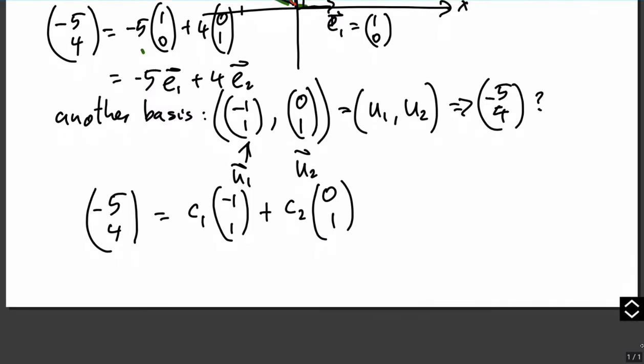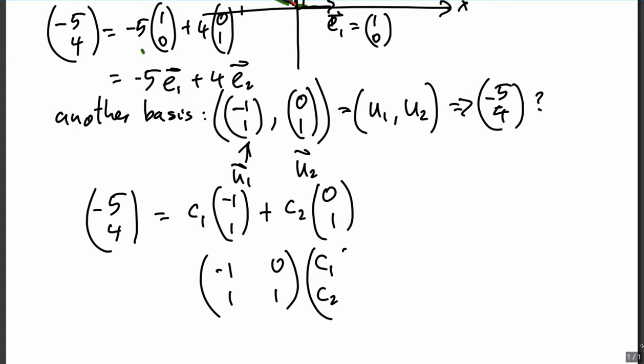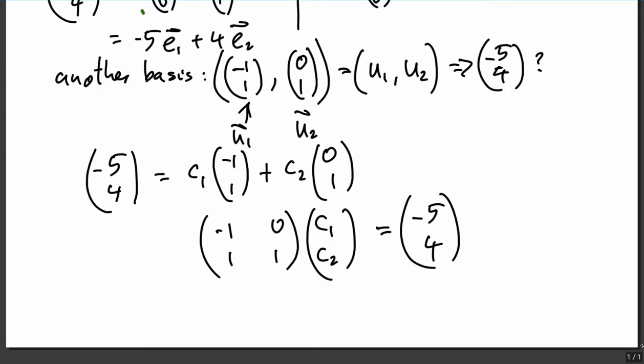And as we have seen this before, we can create a matrix vector equation where we assemble these column vectors into a matrix. We collect the coefficients C1, C2 into a vector, and we write this -5, 4 vector on the right hand side, and then we solve this equation. Of course, we don't really need Gauss-Jordan elimination. It's easy to solve. C1 is 5, and once you have C1, we have that C2 is -1.